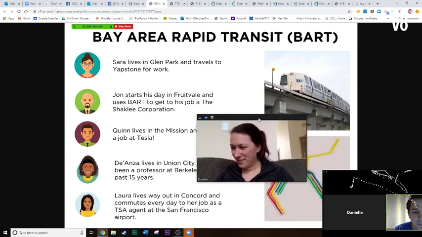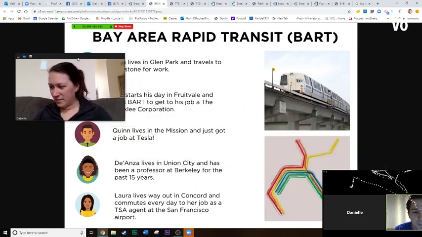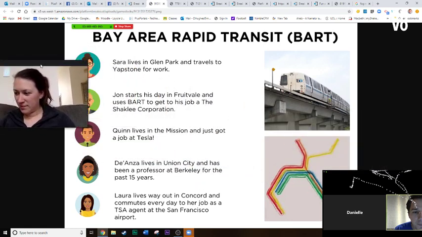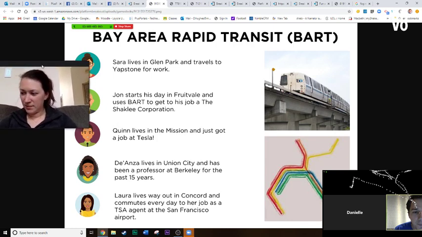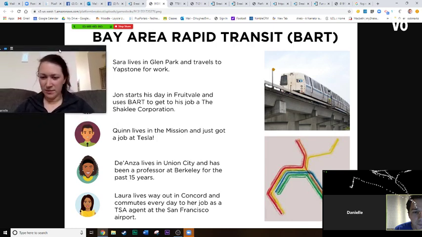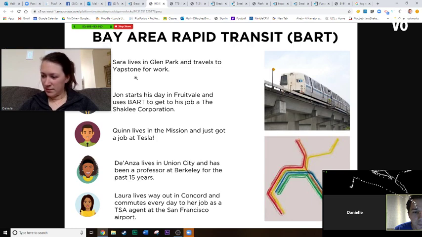Okay, so Bay Area Rapid Transit, or BART. All right, so we got Carl and Bart. Sarah lives in Glen Park and travels to Yapstone for work. Man, San Francisco has so many fun things. John starts his day in Fruitvale and uses BART to get to his job. Quinn lives in the Mission and just got a job at Tesla.